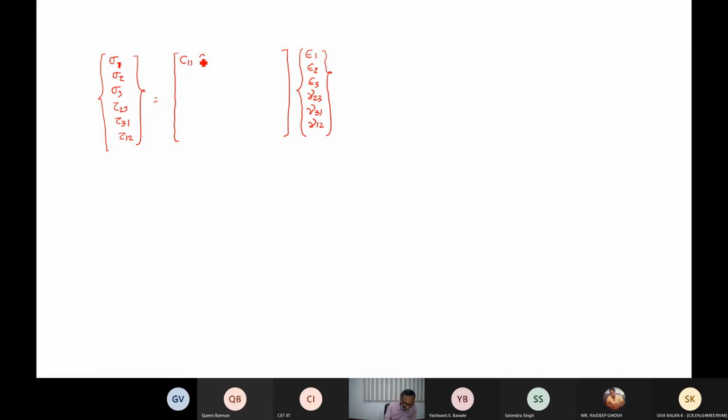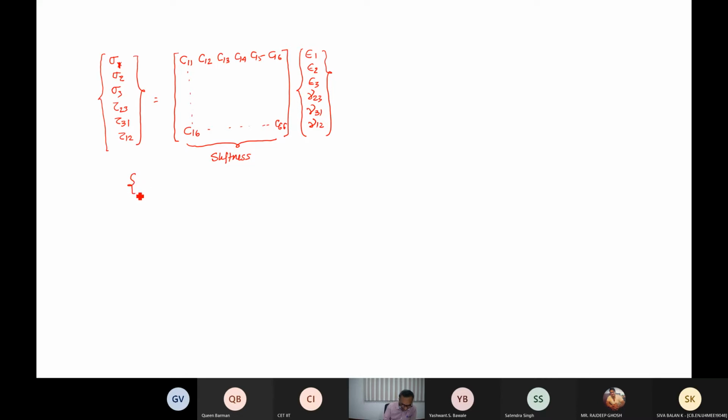These are C12, C13, C14, C15, C16, like that. C16, actually I'm writing 16 straight away; it should be 61, but it's a symmetric matrix that we have already proved. Up to C66. So this is the stiffness matrix.